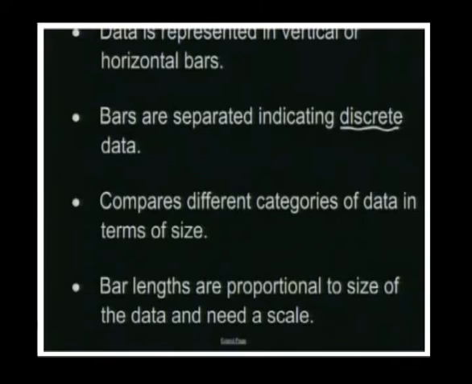And then lastly, the bar lengths are proportional to the size of the data and therefore need a scale. So you can't just choose a value and say, well, let's make this one short, that one long. You've got to make sure that if one is longer and it looks like it's about double the other, that it actually represents a value that is double another value. Again, we'll look at this in more detail when we get to some examples.